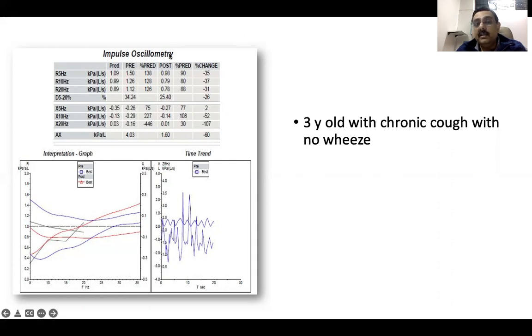And if you look at this, then the impulse oscillometry sorts this out. So raised R5 values, and you find that there's a significant difference post bronchodilator: 35% improvement here and 60% improvement in the AX values. So again, you've made a diagnosis, and it helps you in treatment and in follow-up.